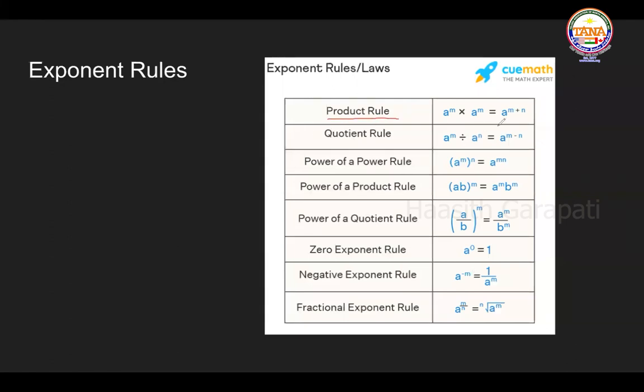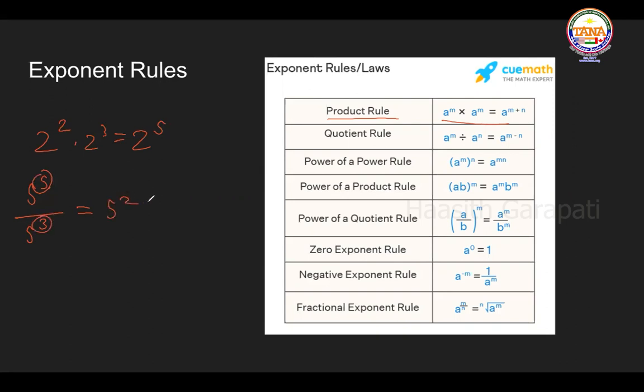Product rule is pretty simple. You have two exponents of similar types. You have 2 to the power of 2 times 2 to the power of 3, that's equal to 2 to the power of 5. The quotient rule, I'm going to use this as a fraction because a fraction is the same thing as dividing. If I have 5 to the power of 5 over 5 to the power of 3, then I take these two exponents and I subtract them.